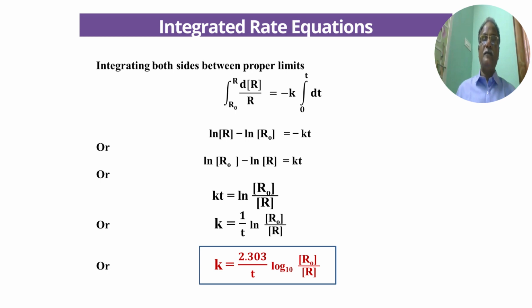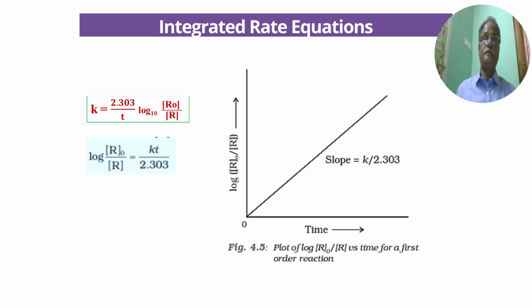This is the integrated equation for the rate constant of a first order reaction. This is the graph obtained for the integrated rate equation for the rate constant of a first order reaction.